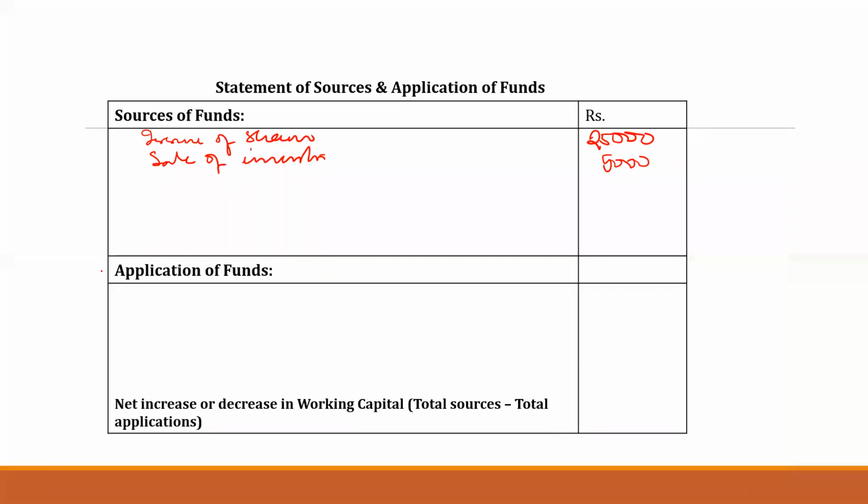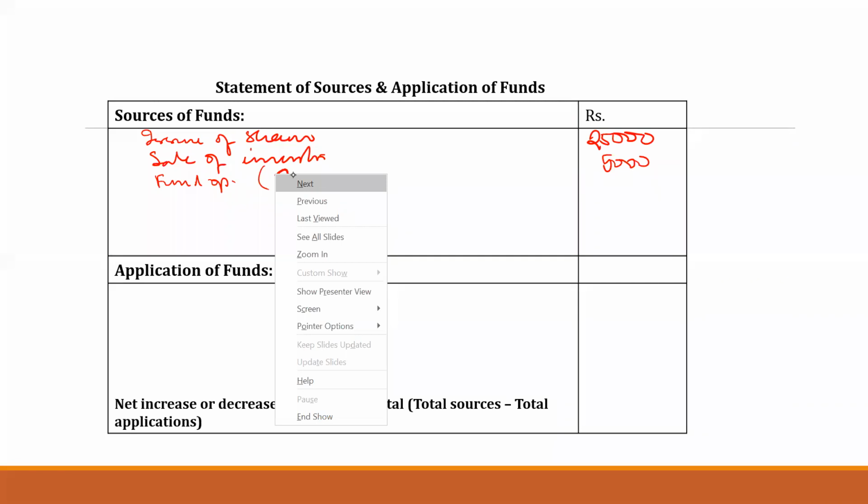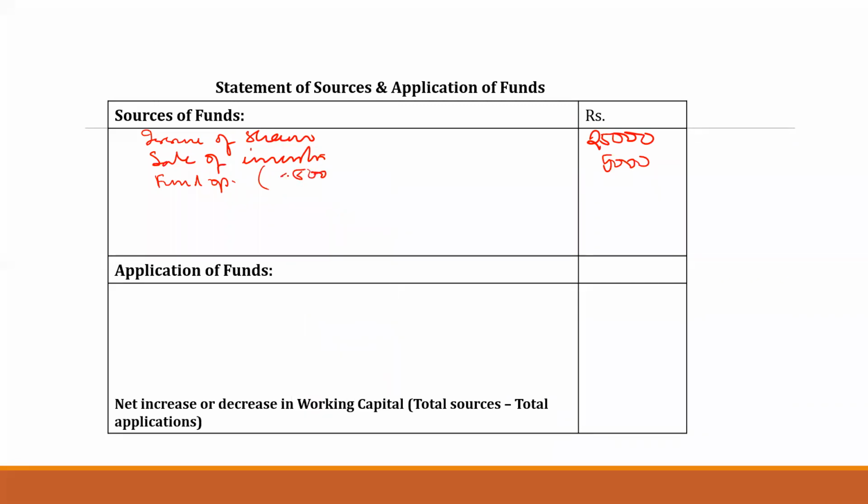We will be treating that as fund from operations. How? 75,000 minus 60,000 is 15,000. Okay. Sources of funds: issue of shares, sale of investment, fund from operations.